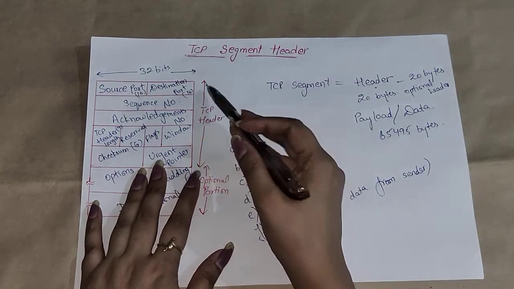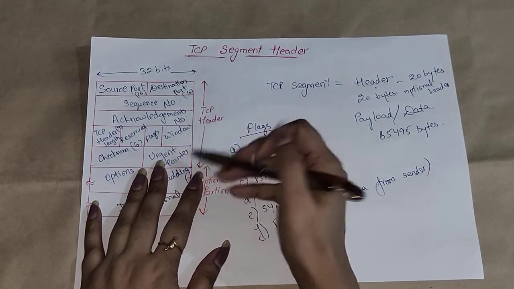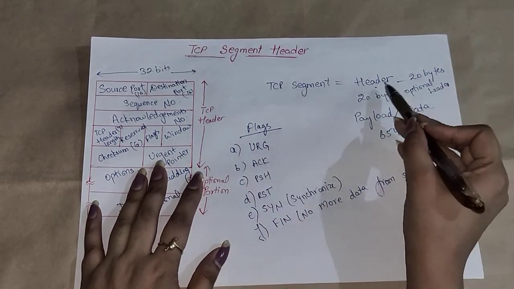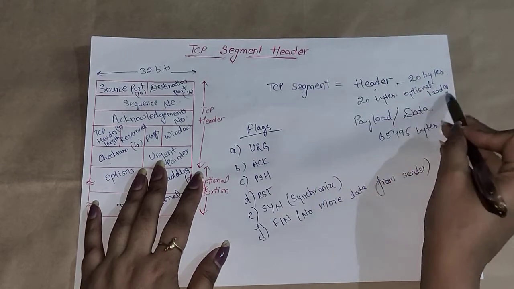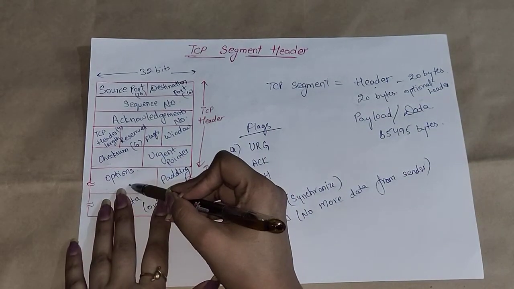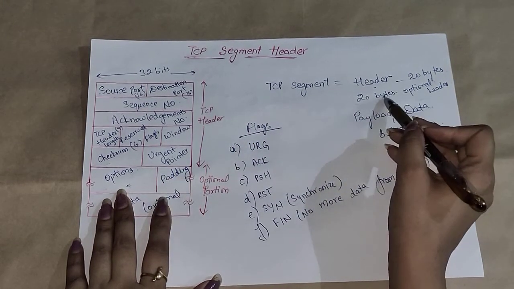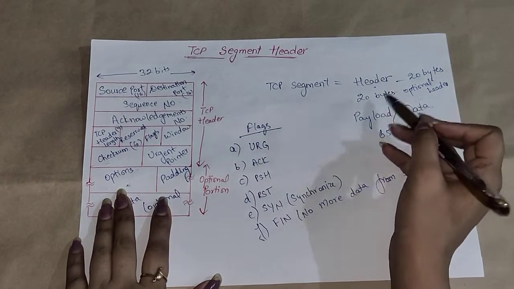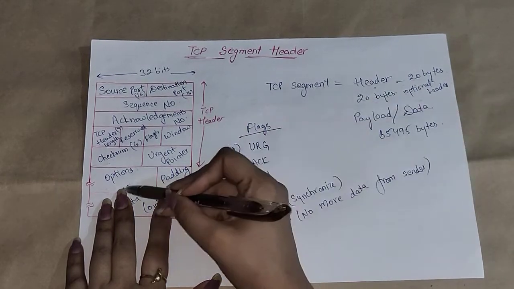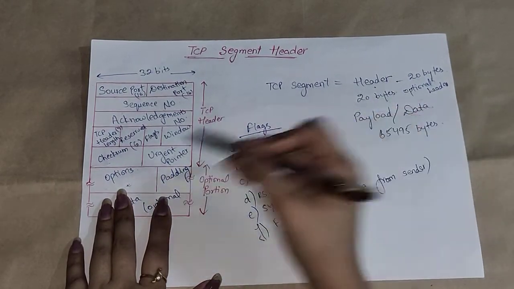So the TCP header up to this urgent pointer is the TCP header. If a 20 bytes optional header is there, then this option field represents the size of this optional header, कि 20 bytes में से optional header ने कितना acquire किया हुआ है. This represents the size of the optional header.